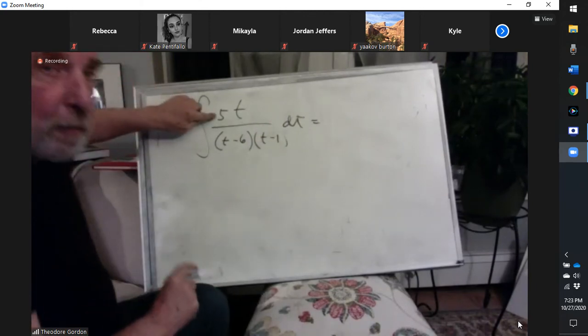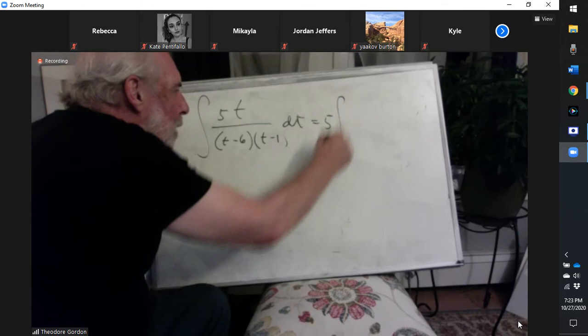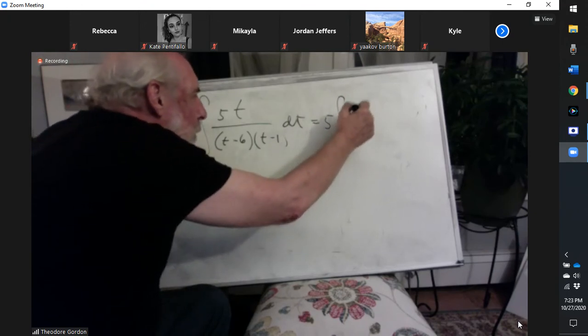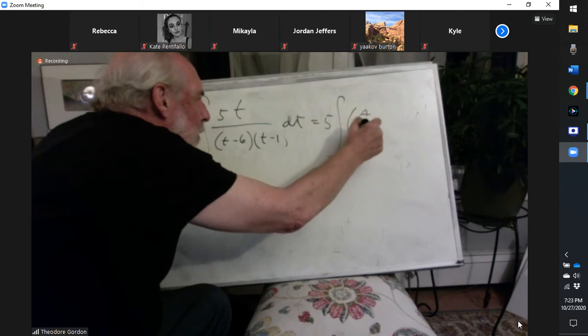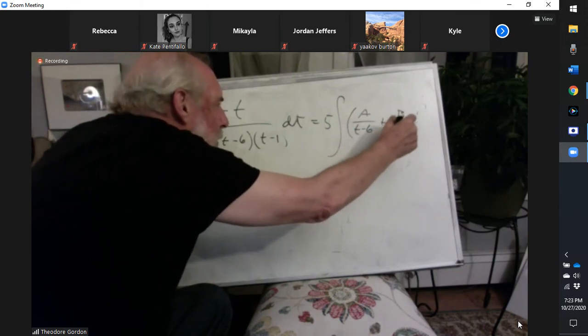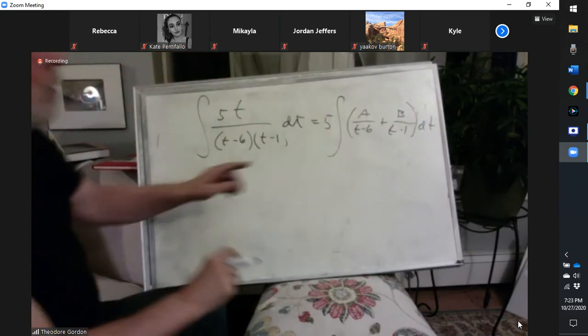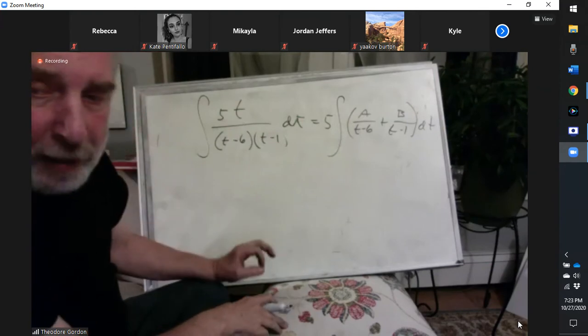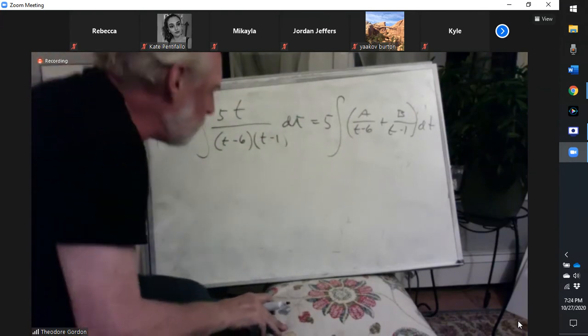First of all, the 5 is a constant. Just pull it out front. Don't forget it, but kind of ignore it for a while. So we get a over t minus 6 plus b over t minus 1, and then dt. A and b could both be negative, but that will all happen by itself later. Okay.